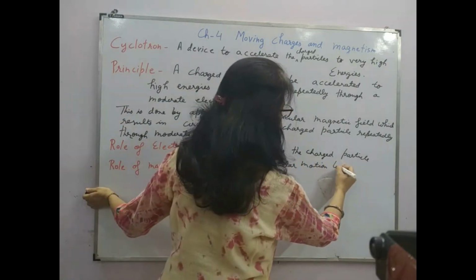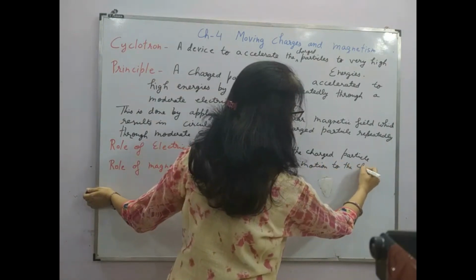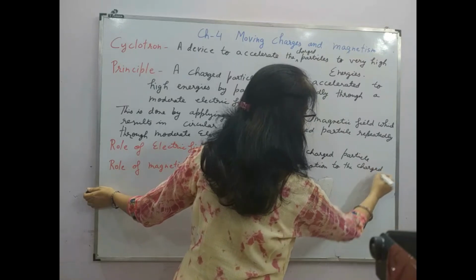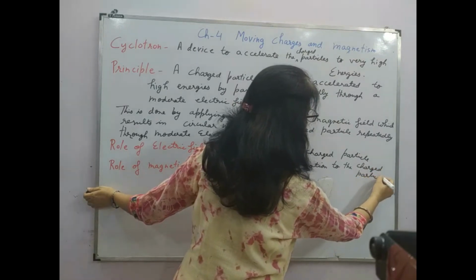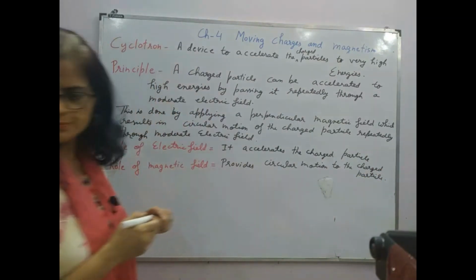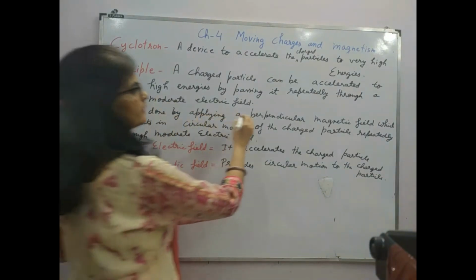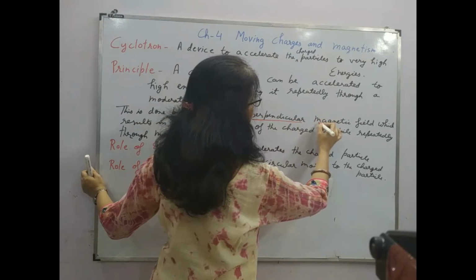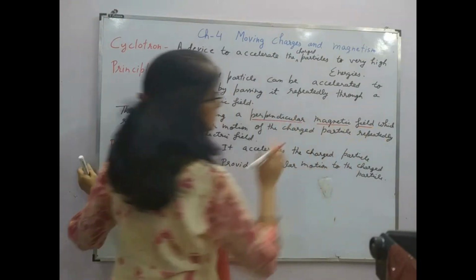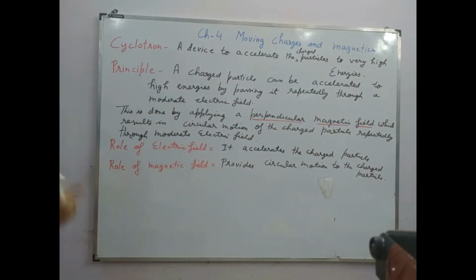Why is it providing circular motion to the charged particle? We have studied that when the magnetic field is perpendicular, then it provides circular paths. So this is about the principle.